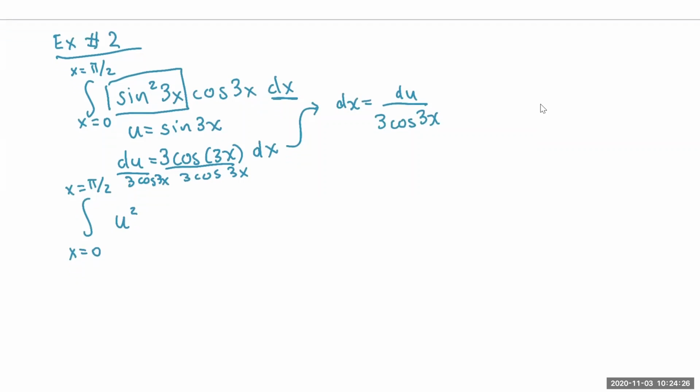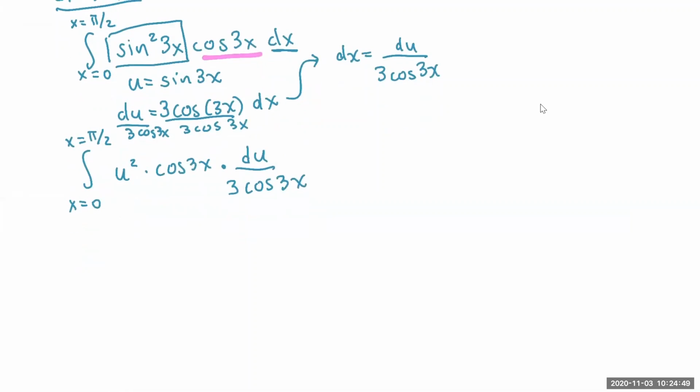For the moment, I'm going to leave cosine of 3x, understanding that if I pick the correct expression to set u equal to, that part should cancel out. So cosine of 3x times the expression for dx is du over 3 cosine of 3x.